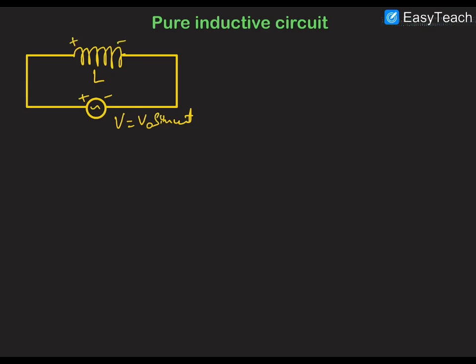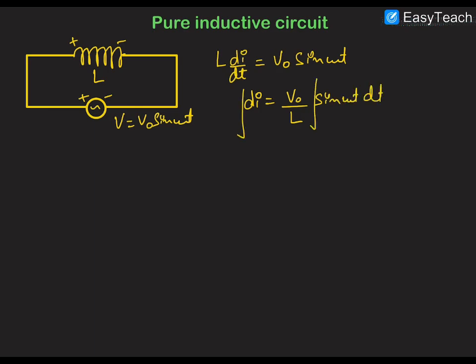As we can see, the inductor and this AC source are in parallel to each other, therefore we can say their voltage will be equal in magnitude and polarity, and hence the voltage across the inductor is L di by dt, and it would be equal to V naught sine omega t. Now di will be equal to V naught by L sine omega t dt.